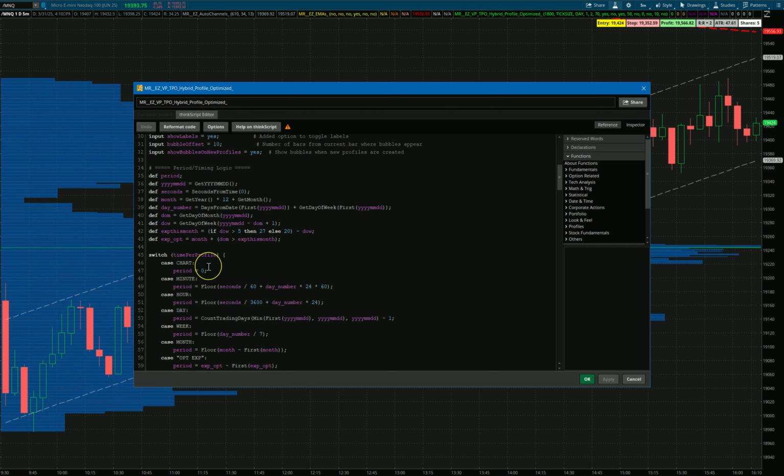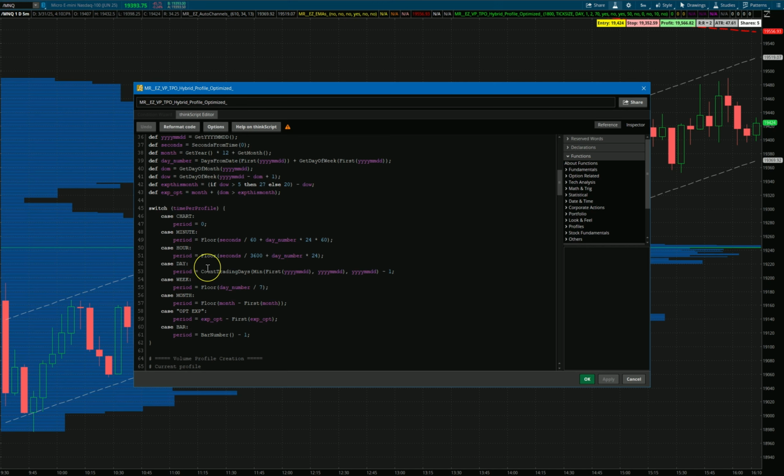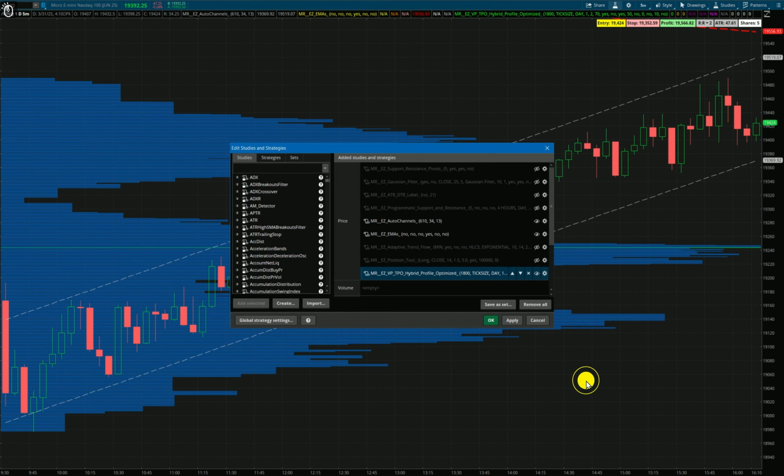See, here's chart, minute, hour, day. So something's missing that I'm not picking up on at the moment. It's not too easy to sit here and record, and at the same time, on another part of your brain, try to debug a situation when something's not going exactly the way you need it to.